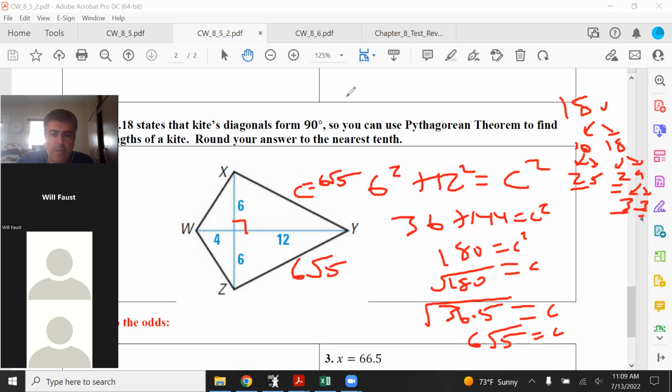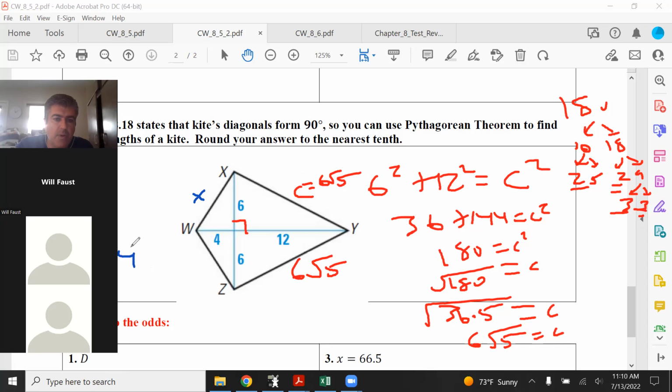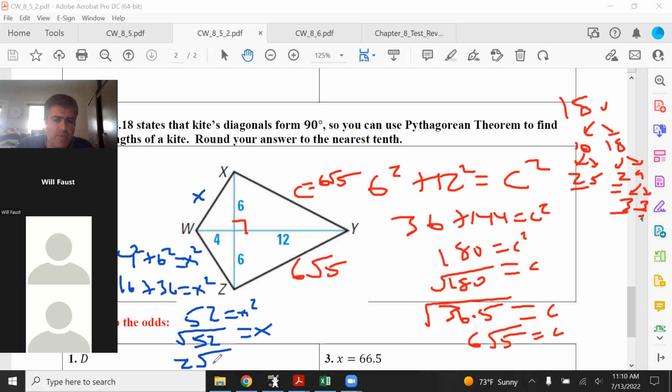And then you can do Pythagorean theorem again. Let's say we call this x. So you got 4 squared plus 6 squared equals x squared. So 16 plus 36, 52 equals x squared. x is root 52. 4 is a factor of 52, so you can say it's 2 root 13.